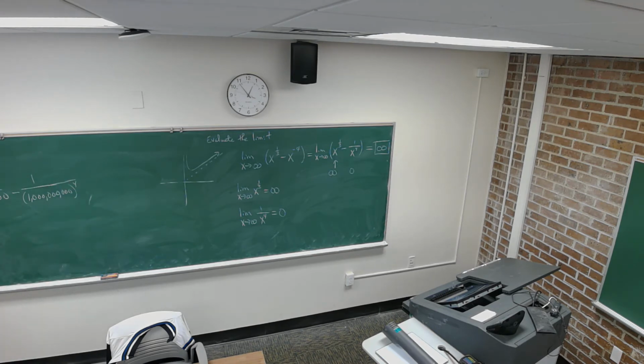Well, the cube root of 1 billion is 1,000. And minus 1 over this number is basically 0. So you can see, in going from 1 to 1 billion, this function is increasing. It's not converging to any number. It's increasing without bound.